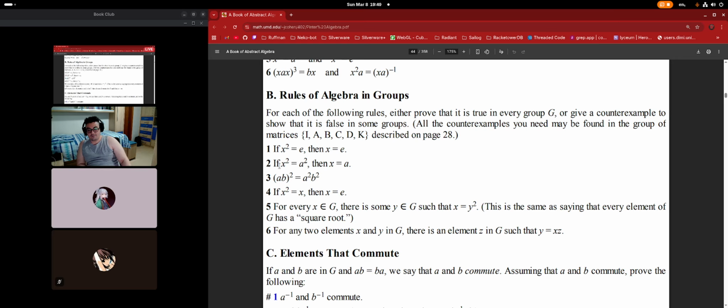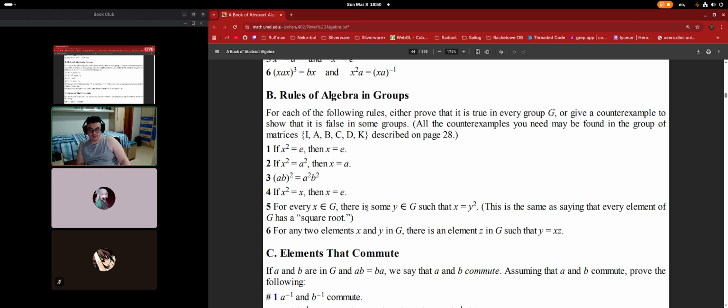This one I kind of don't know because I'm not able to find any counterexamples. And also manipulating this doesn't give me much. For this one, x squared equals x, then x must be identity. I also want to say yes, but I don't know if I should.